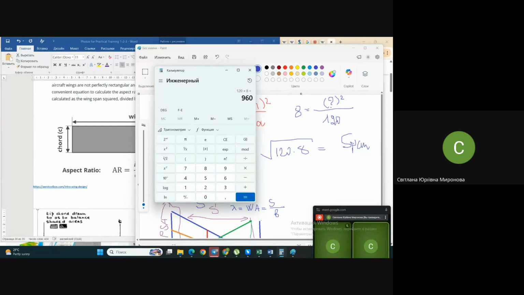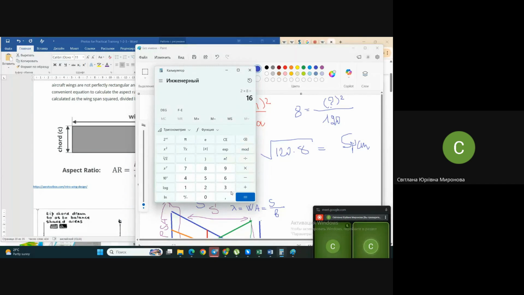Not 30 meters. Square root value. I have no idea how to do it, first let me check. It's working in reverse. Maybe this one is the square root.